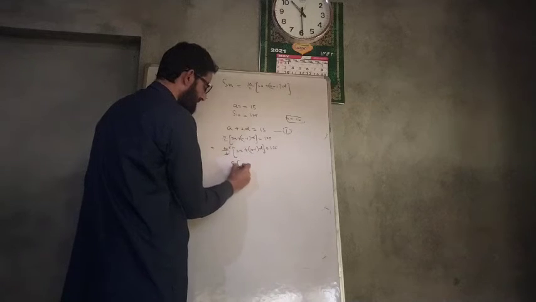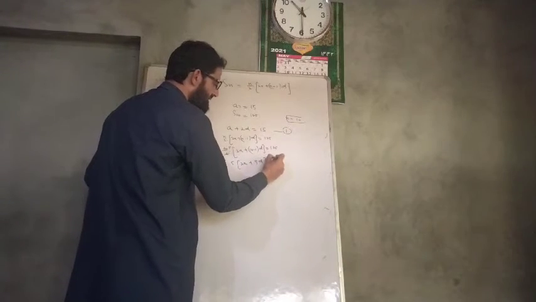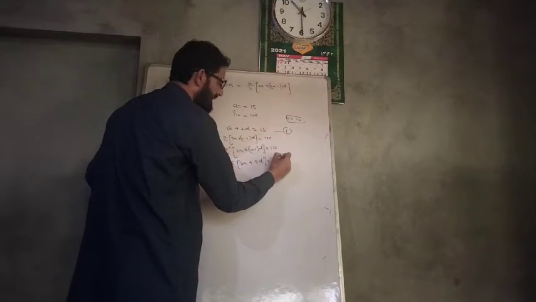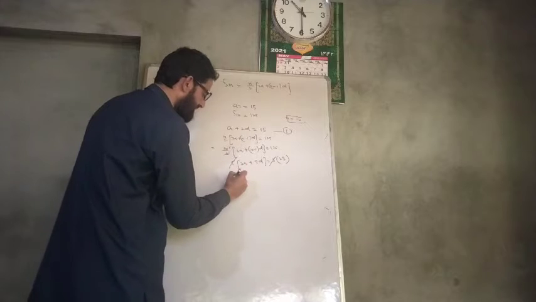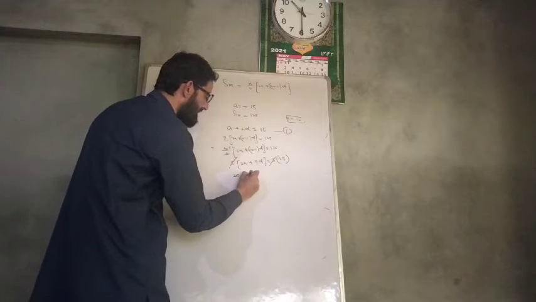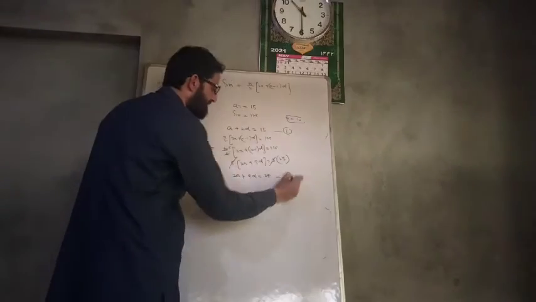This is 5 into 2a plus 9d is equal to 125. Taking 5 common, 5 2s are 10, 5 5s are 25, 5 and 5 will cancel, and we are left with 2a plus 9d is equal to 25. This is equation number second.